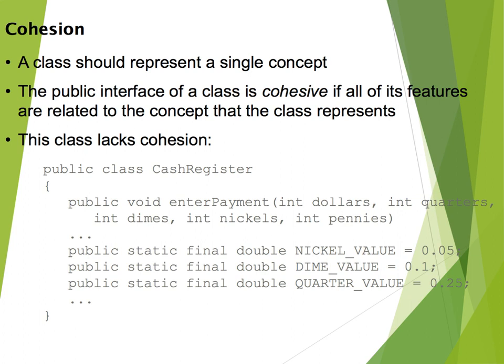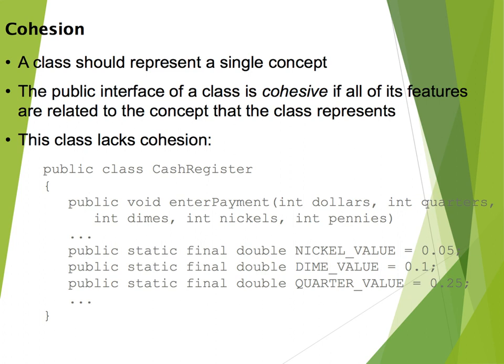For example, in this example that you see here, the class CashRegister contains some public constant variables like nickel value or dime value or quarter value. These are not characteristics of a cash register.